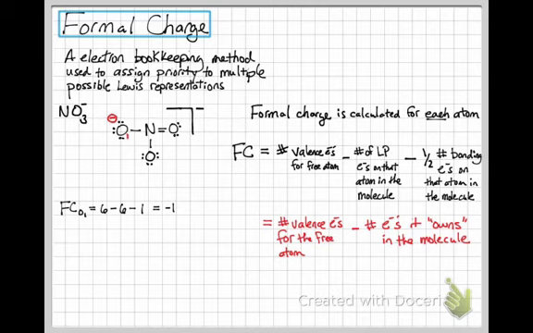Now, I'm going to make a point here to say that this oxygen does not technically have a -1 charge. This is simply a bookkeeping method to help us distinguish between different types of structures that are possible. And I'll show you how to use it for that purpose in the next slide.